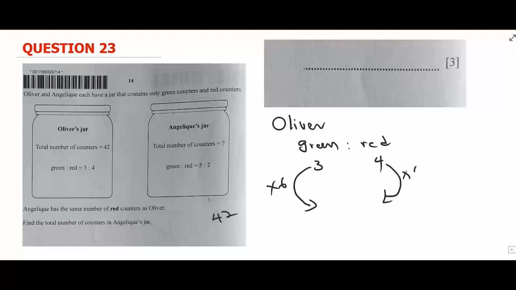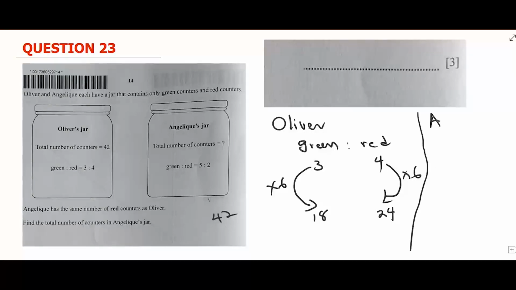If they go 6 times, that means the green will be 6 times 3. It will be 18 green, and then the red will be 4 times 6. That will be 24. So this is for Oliver. Now we can use this to calculate Angelique.